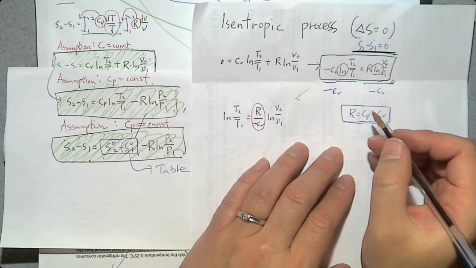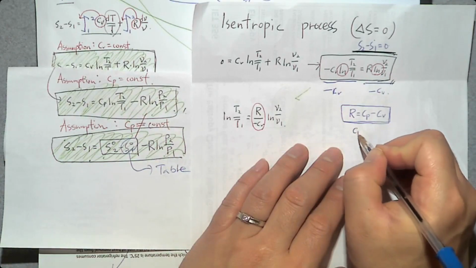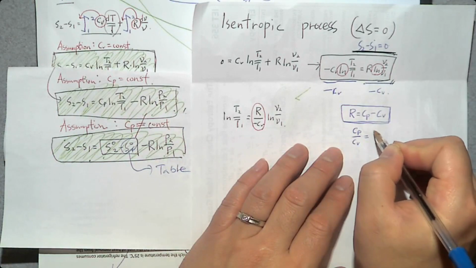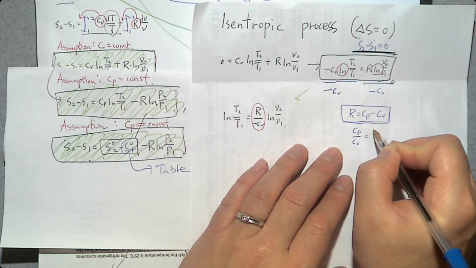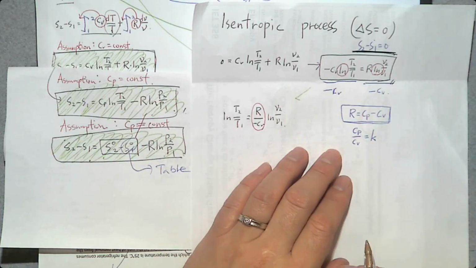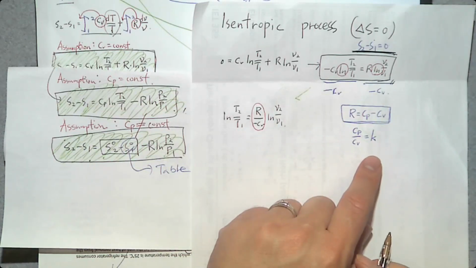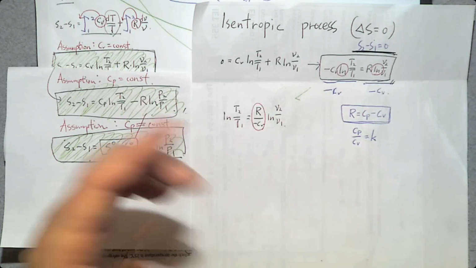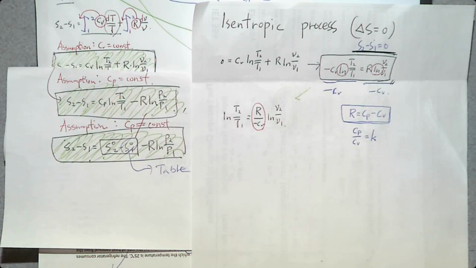The specific heat ratio, Cp over Cv, is called kappa. This is not K, this is kappa, the Greek letter. Anybody from Greece? No one here, right? So if I say kappa, you gotta believe me, right?